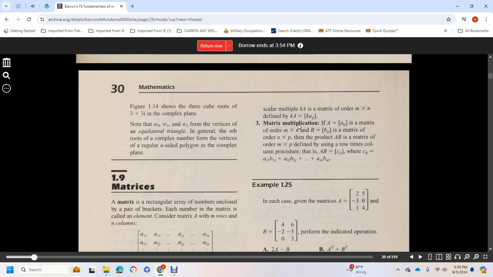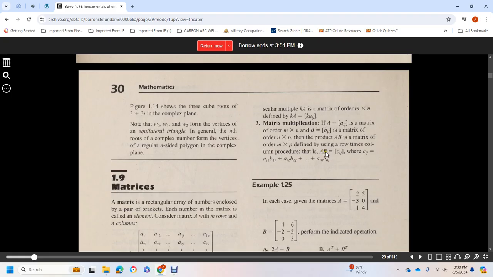Matrix multiplication. If A is equal to a_ij, a matrix of order m times n, and B is equal to b_ij, a matrix of order n times p, then the product AB is the matrix of order m times p, defined using the row-times-column procedure.